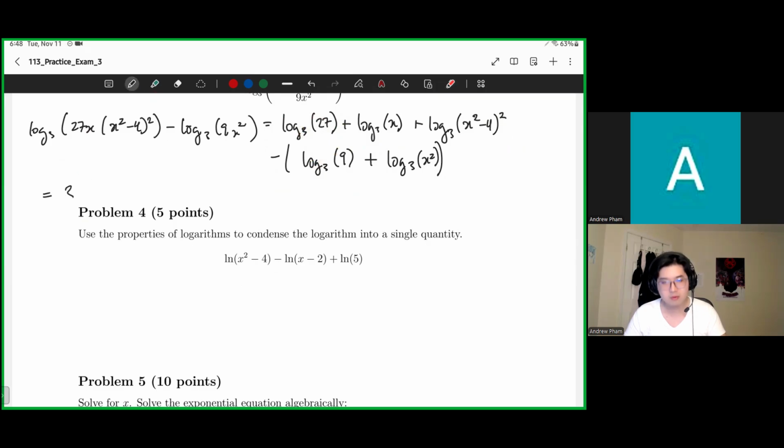It's going to be 3. 3 cubed is 27. Plus log base 3 of x, plus 2 times log base 3 of x squared minus 4, minus what? Log base 3 of 9 is just 2, minus 2 log base 3 of x.